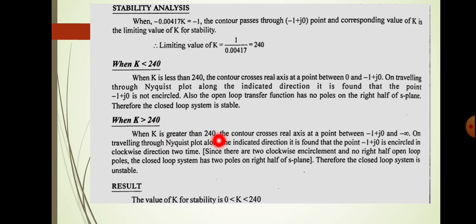When k is greater than 240, the contour crosses the real axis at a point between minus 1 plus 0j and minus infinity. When k is greater than 240, this will become more negative. More negative means it will move away from the origin in the negative direction, so the contour will encircle the minus 1 plus 0j point.